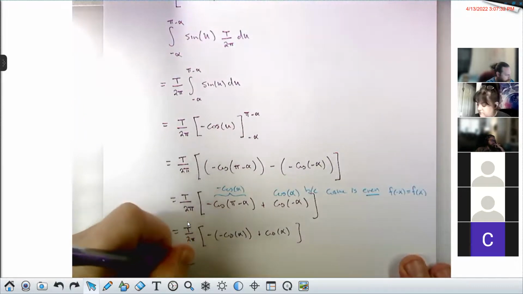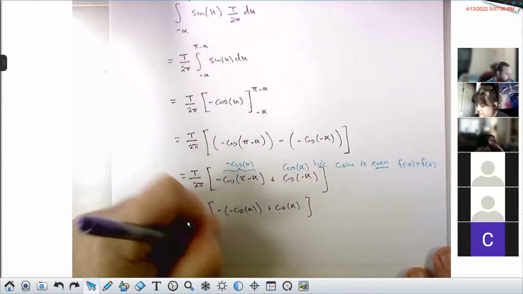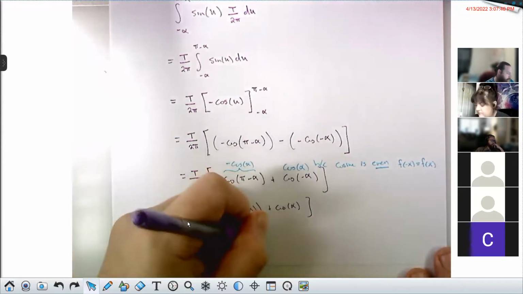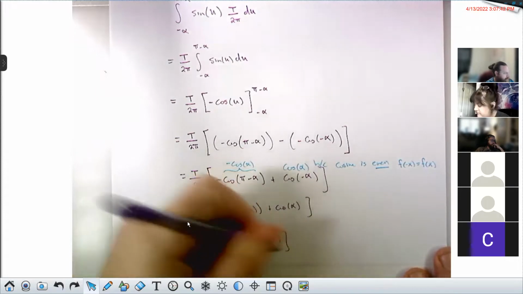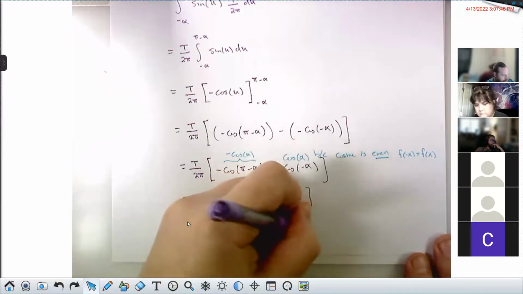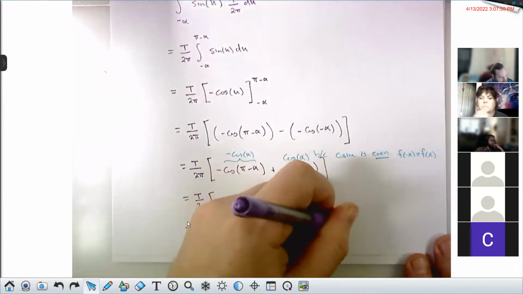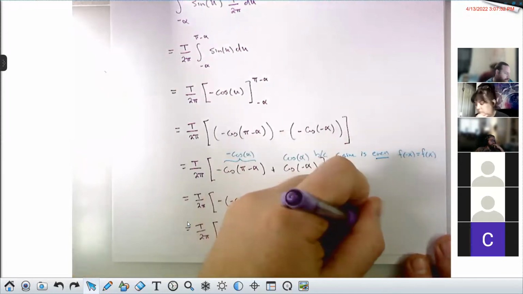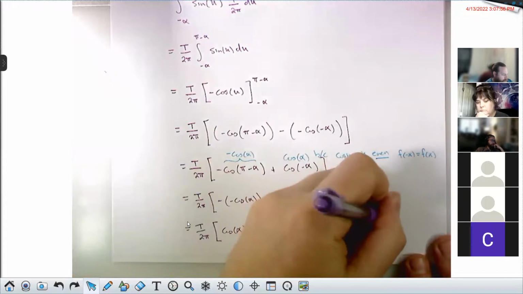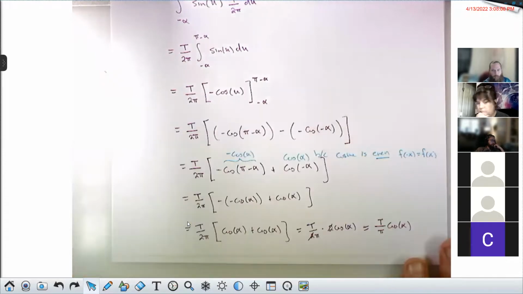So this is T over 2 pi times cos alpha plus cos alpha, which is 2 cos alpha. So finally, you can cancel the 2's, and this is T over pi cos alpha.